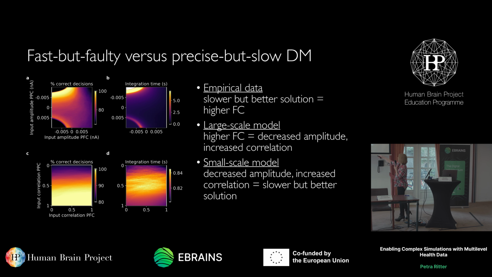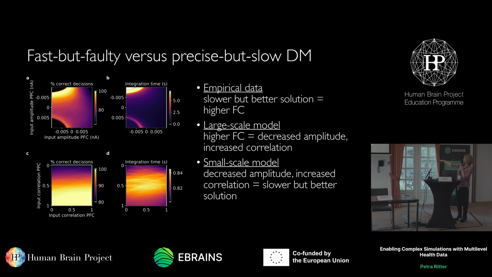The correct decisions that are coded here by color, and the decision time, colored in the lower panels, depend on the input amplitude and the input correlation. So what does it mean? It means that either we can react fast, but then we make many mistakes, or we can react precisely, but then we are reacting slower.